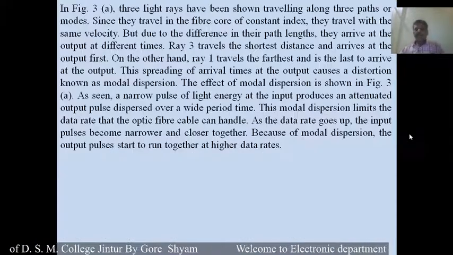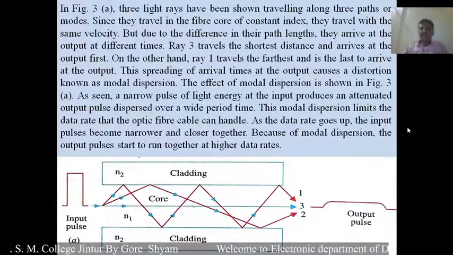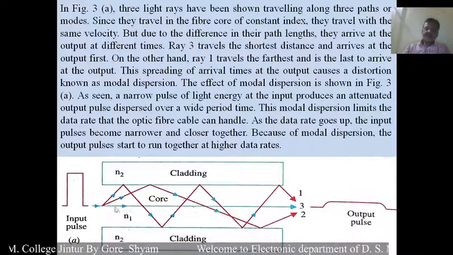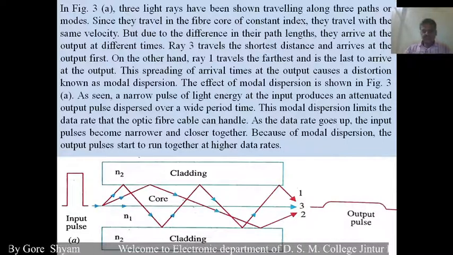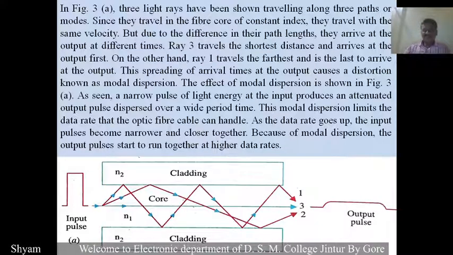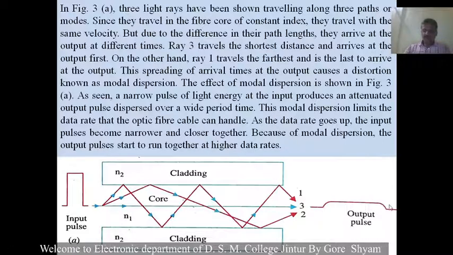This is due to the different modes of the light, and this is known as modal dispersion. So here the output pulse is wider.